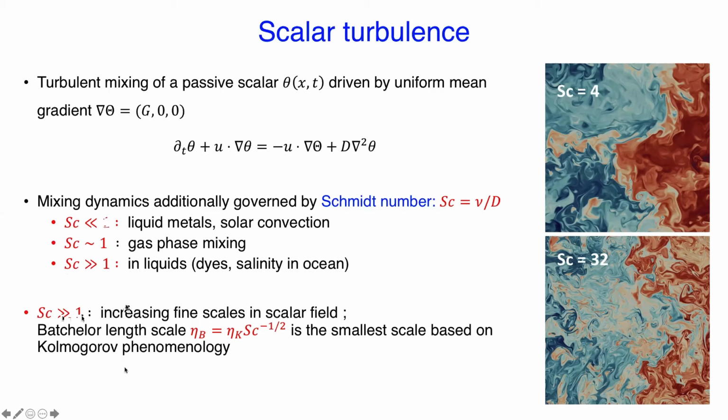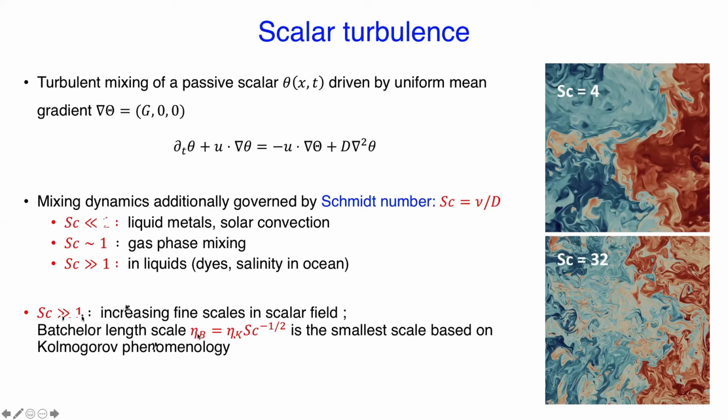Based on the Kolmogorov phenomenology, the smallest scale in the scalar field is often given to be the Batchelor length scale, which is the Kolmogorov length scale multiplied by the Schmidt number to the power minus half. So if I'm looking at, for example, a Schmidt number of 100, this is a factor of 10.